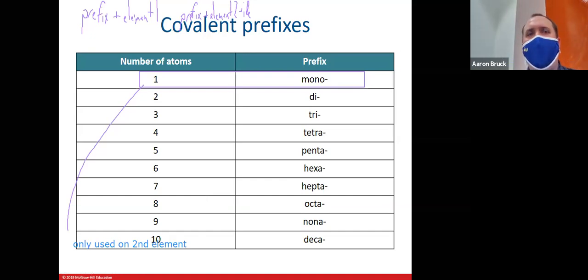So if I have one of the first element, I do not put a prefix on it. We just name that element. So that's why CO2, for example, we don't call it monocarbon dioxide. It's just carbon dioxide. The mono is assumed if there is no prefix on the first element.